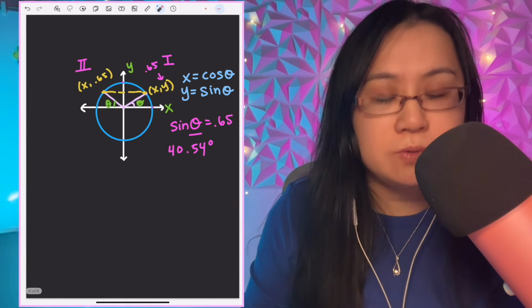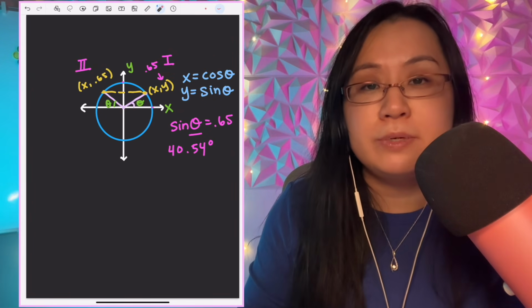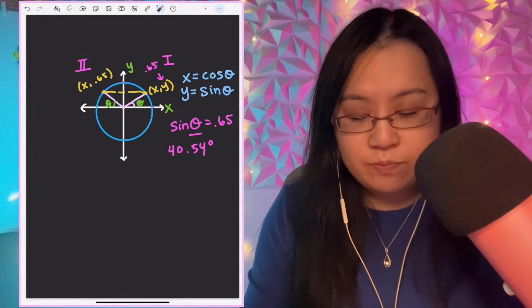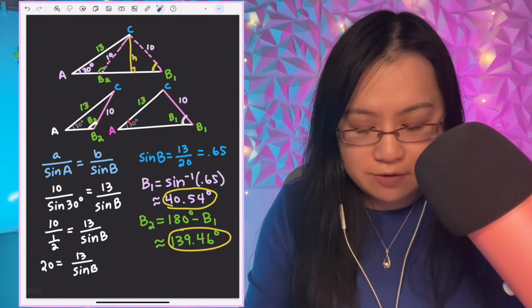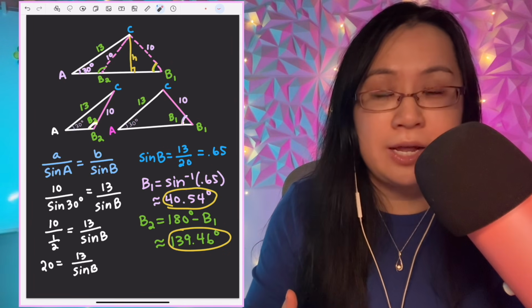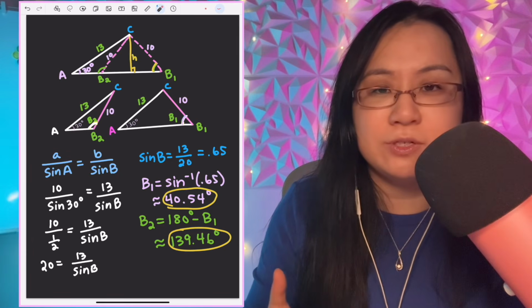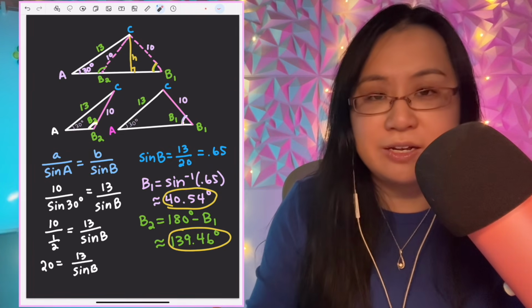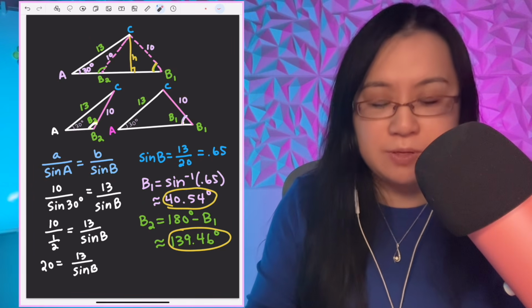And really, we're only looking at quadrant 1 and 2, but more specifically between 0 and 180. And that's just because when we look at triangles, the sum of the interior angles adds to 180. So we don't want any angles that are greater than 180 because it forces the other two to be negative, which doesn't make sense if the sum needs to be 180.